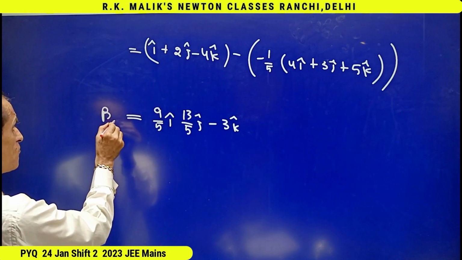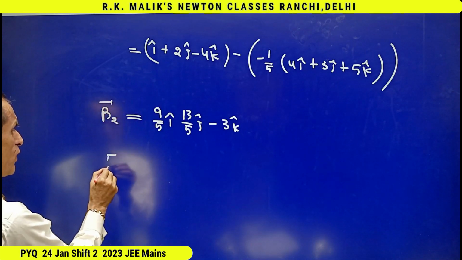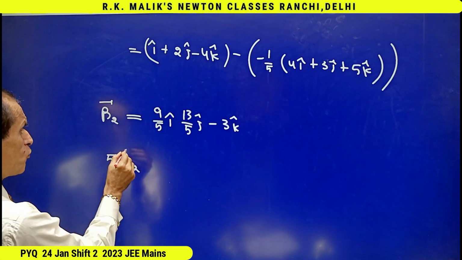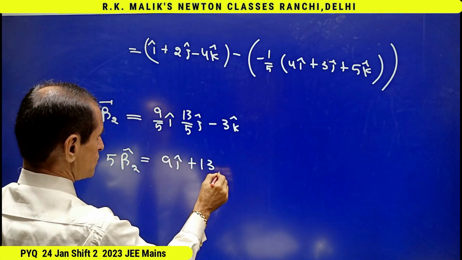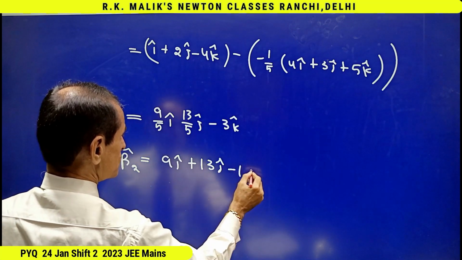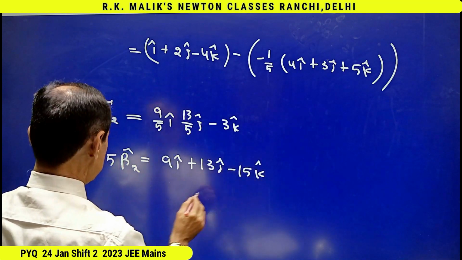and this is the value of beta 2 vector, that is 5 beta 2 vector is equal to 9i plus 13j minus 15k.